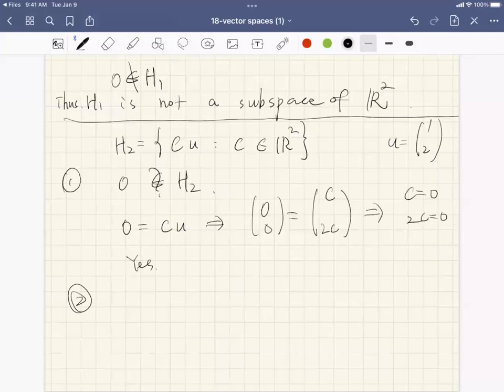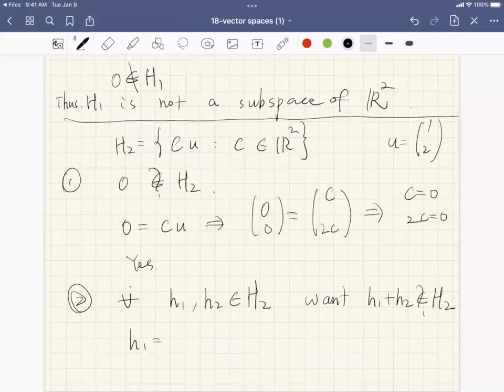Next, closure. For any H1 and H2 in H2, I want to prove H1 plus H2 is in H2.